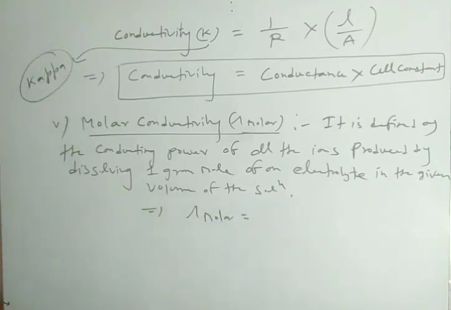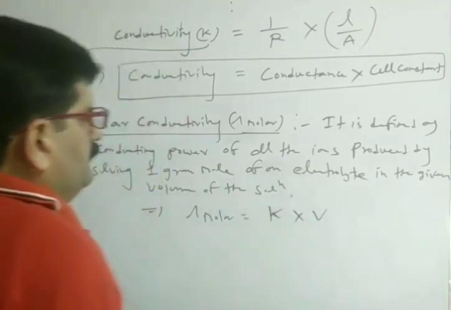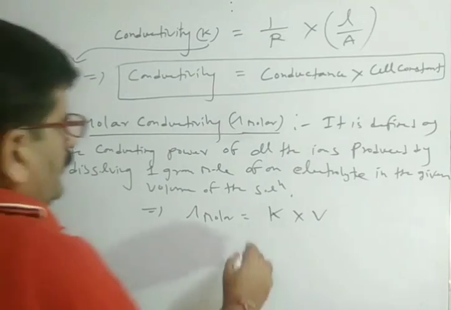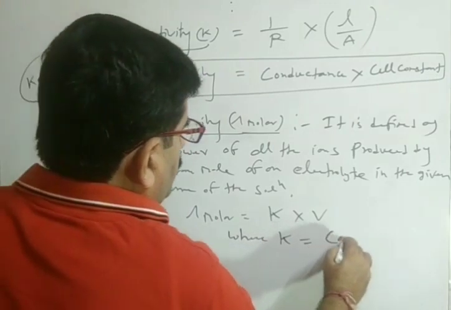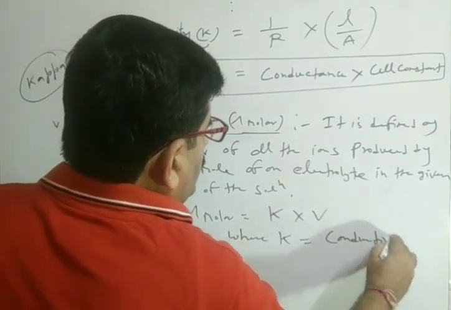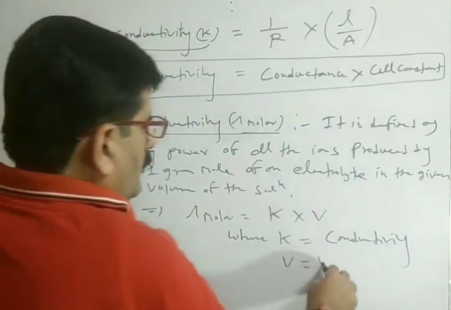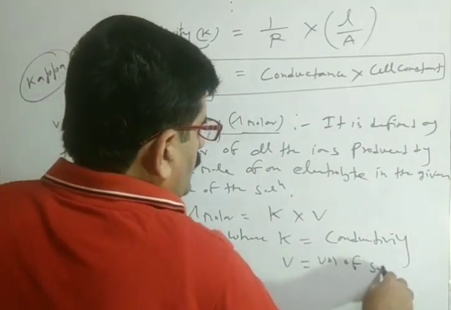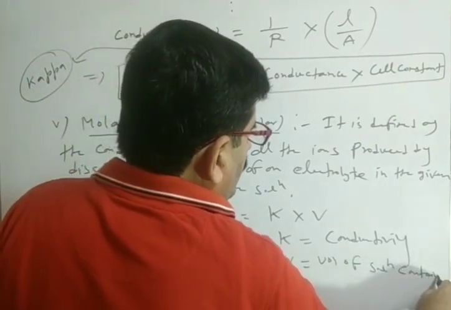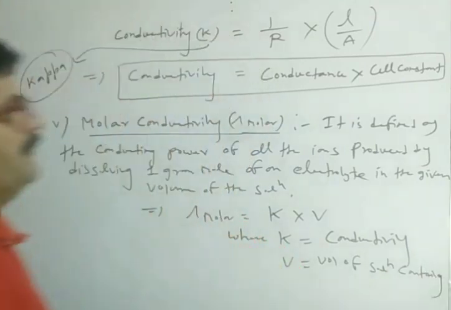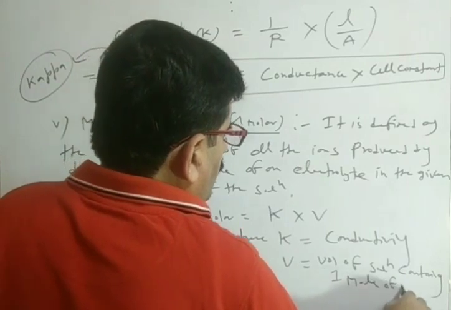molar conductance can be written as conductivity into V, where K is equal to conductivity, V is equal to volume of solution containing 1 mole of electrolyte.